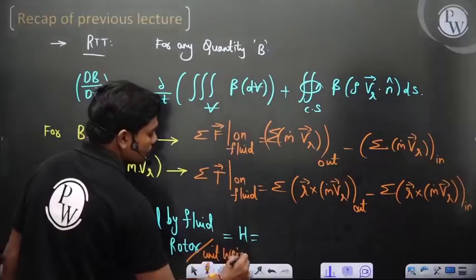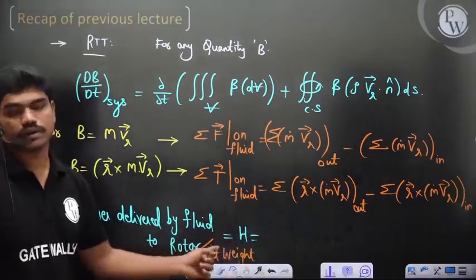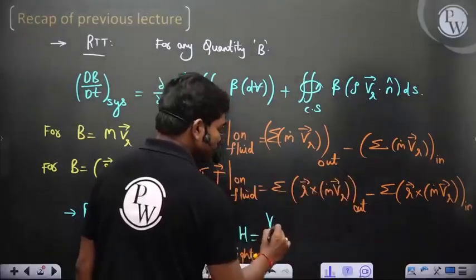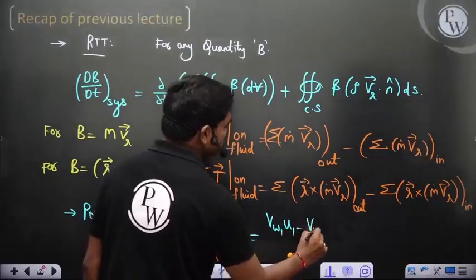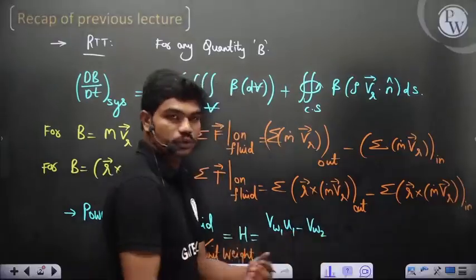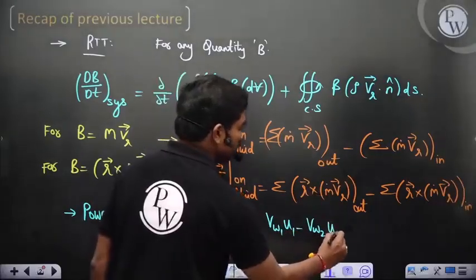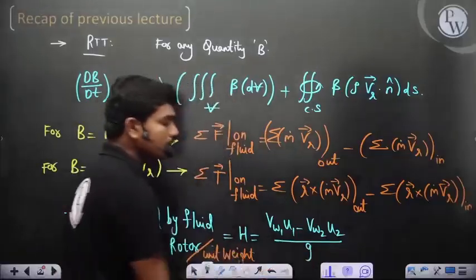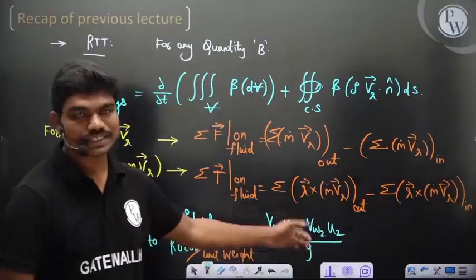So when you calculate power per unit weight हमको length dimensions आया था. So we have h is equal to VW1 U1 minus VW2 U2, basically 1 corresponds to inlet and 2 corresponds to outlet is what I have told you, divided by g. That's what we have here, correct? So this divided with g is what we got. Yes or no? So these are the things we have seen.